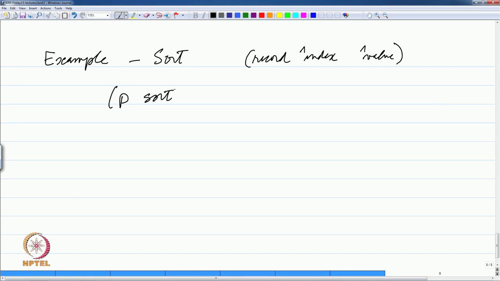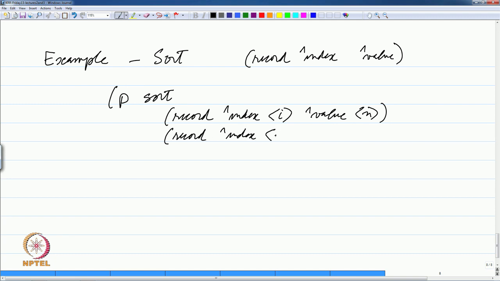So, we can do this as follows. P sort: if we have a record index I, value n, if we have another record index j greater than I, value m, let us say less than n, let us say we want to sort in ascending order.